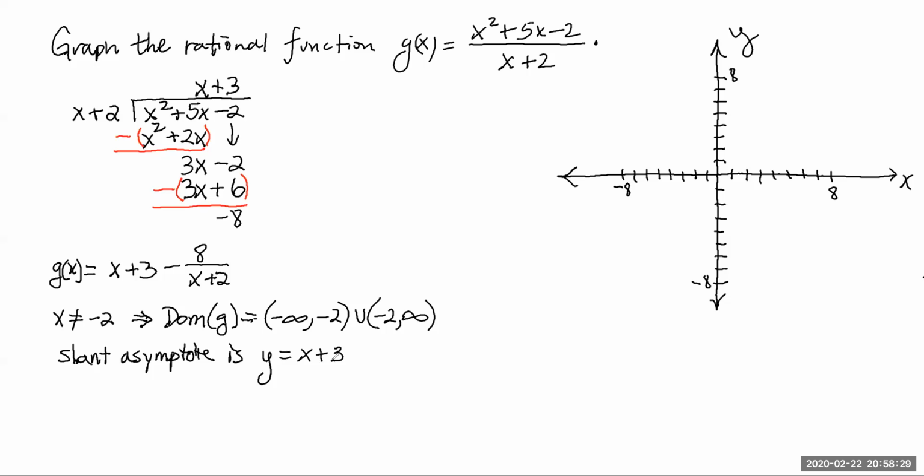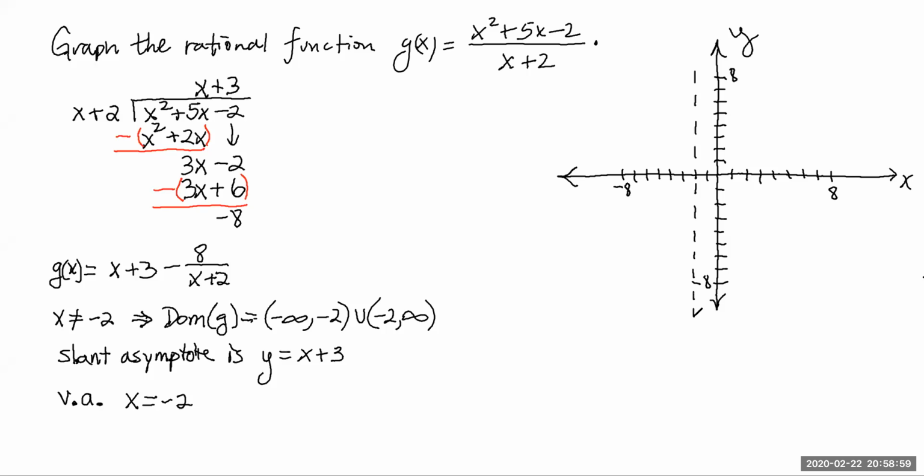Now, we're going to need some ordered pairs. Well, actually, before we need our ordered pairs, why don't we find a vertical asymptote as well? So notice for the vertical asymptote, it's going to be x equals negative 2. Let's go ahead and draw that. X equals negative 2.